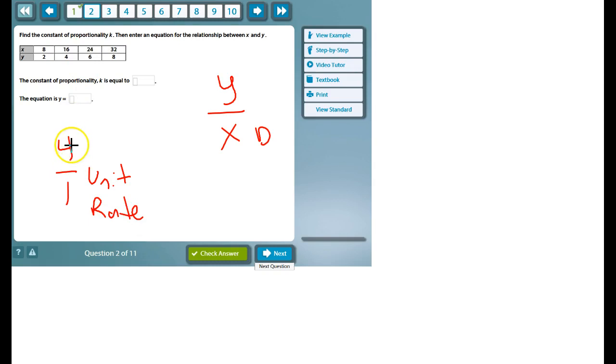So let's see if that's consistent. Times 4, yes. Times 4, yes. Times 6, yes. Times 6, yes. Times 8, yes. Times 8, excellent. This is the right proportion, so let's go ahead and fill this out as the constant rate.